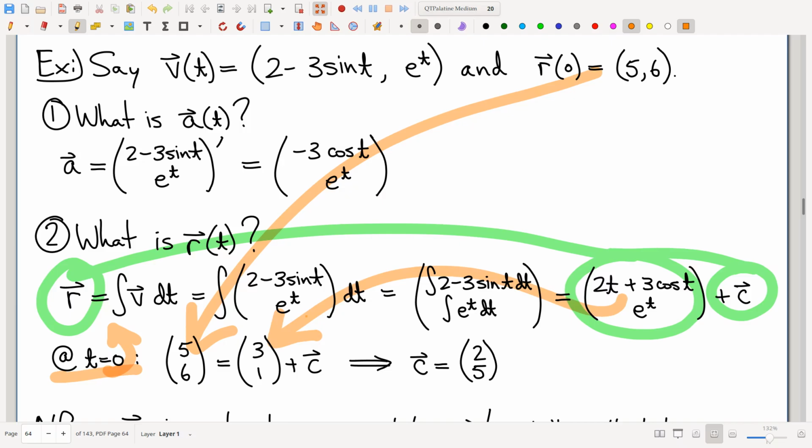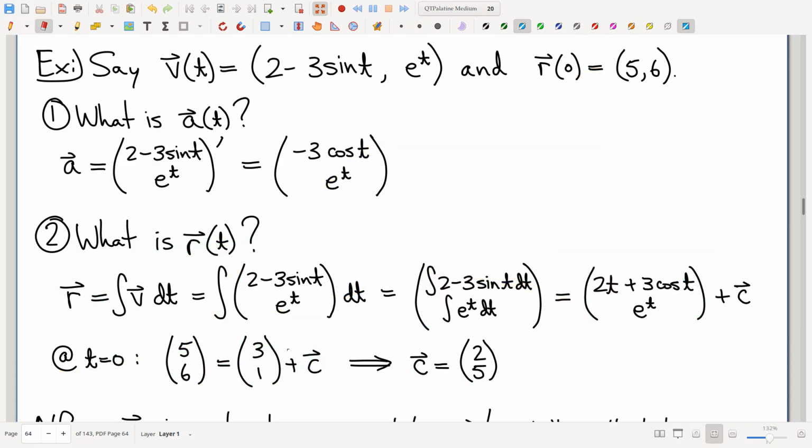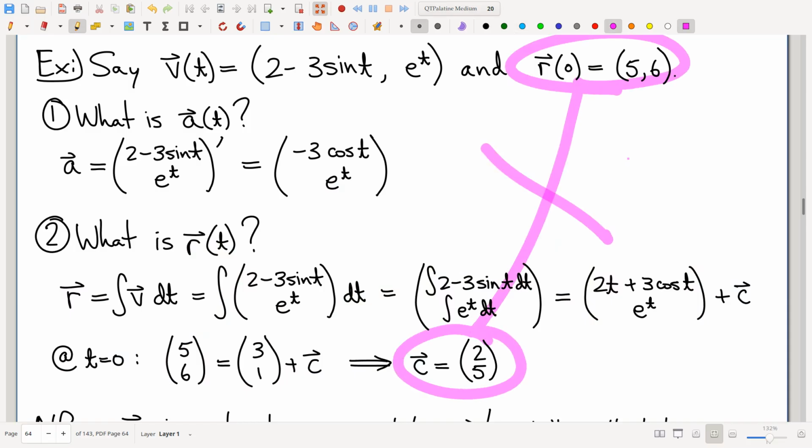And that means that green equation turns into this, and of course there you can effortlessly solve for what c is, and there it is. C is 2, 5. Now notice, as promised, the integration constant is not equal to the initial value that's given. It's not even close. Right? Everybody see that?